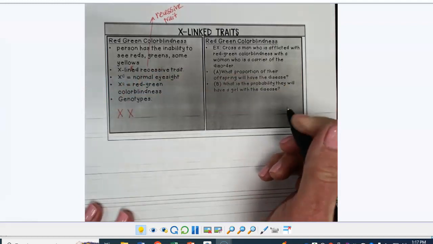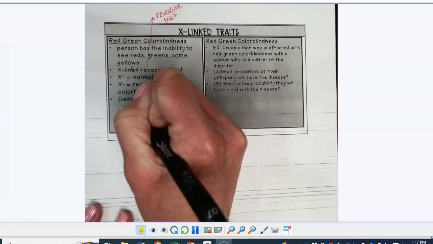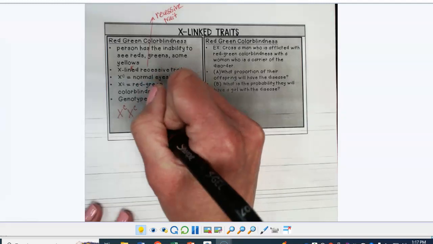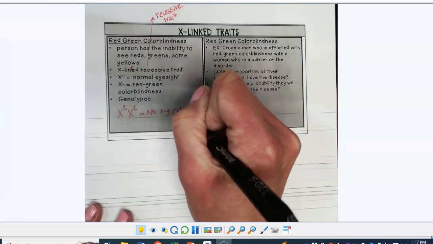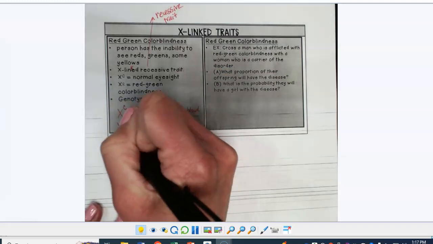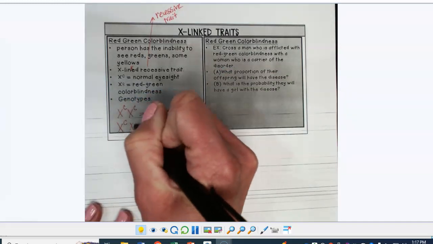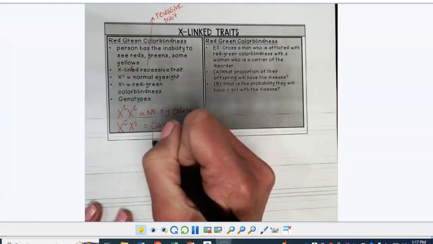Our first female, let's say we're going to use capital C's. If she has 2 dominant alleles, she'll have no red-green color blindness. You can have a female that has a capital C and a lowercase c. She's a carrier.